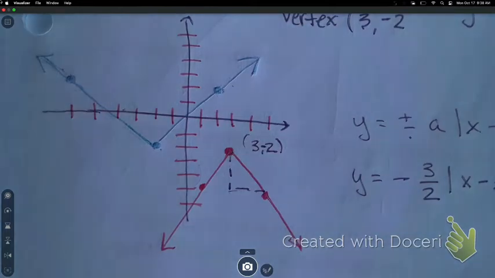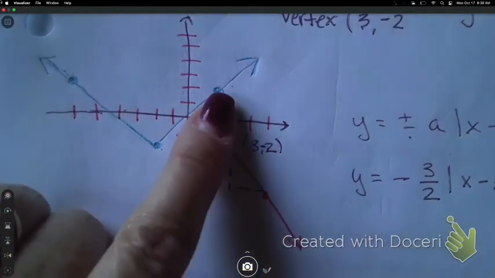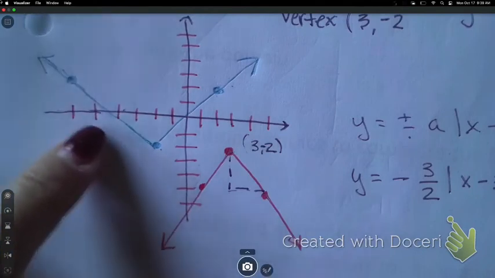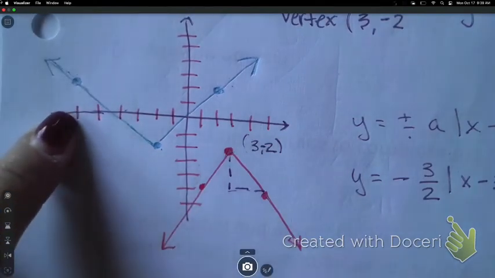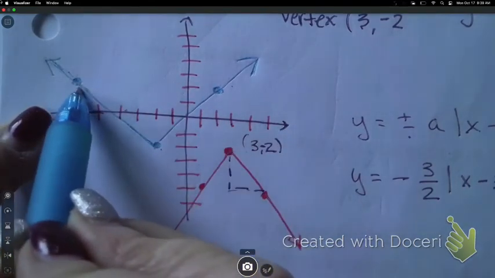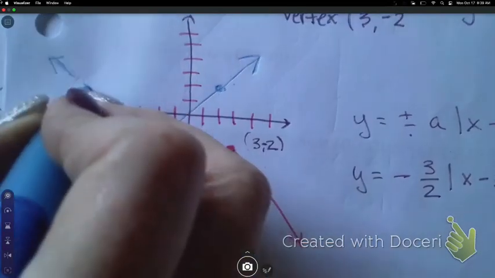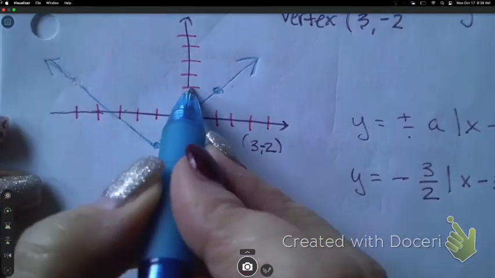Don't just look at the picture. Is that last one supposed to be at 2 or 3? It's supposed to be at 2. It's a little bit high, isn't it? A little. It's not that high. I guessed. I tried.